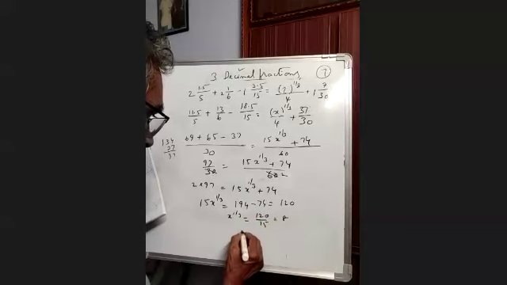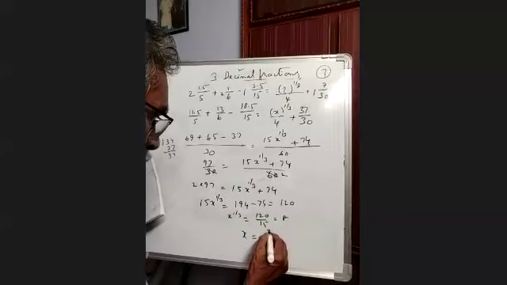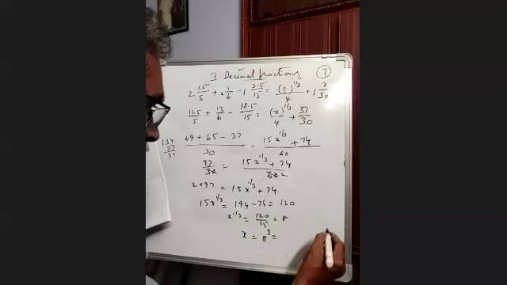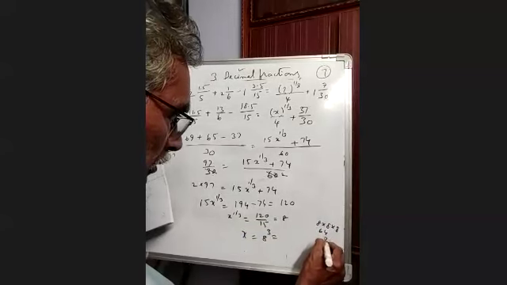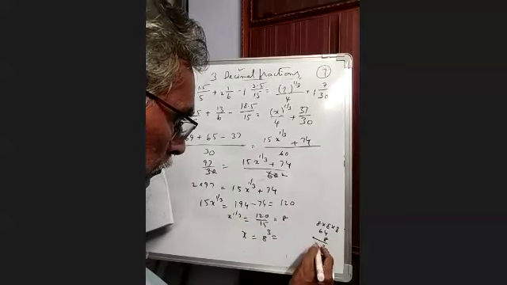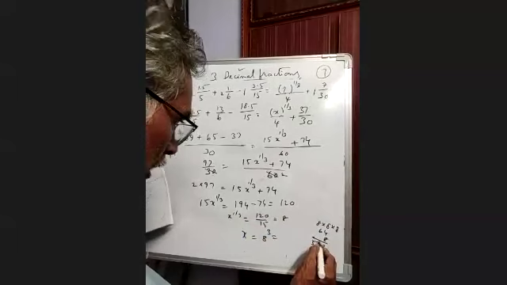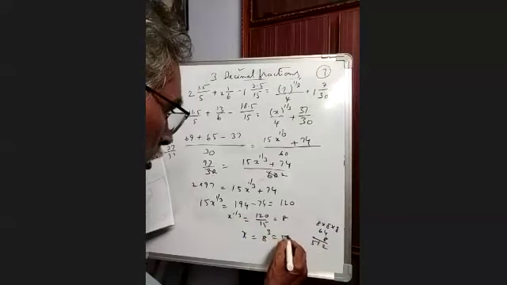That will be 8. If x to the power of 1 by 3 is 8, x will be 8 cube, that will be 8 into 8 into 8, 64 into 8, 512. 512 will be the answer.